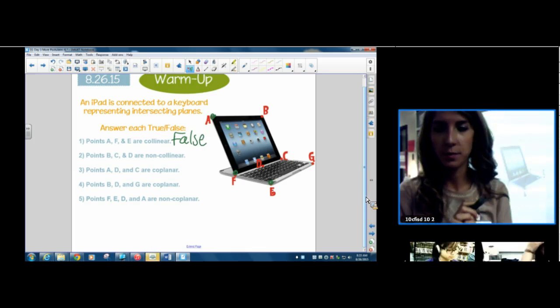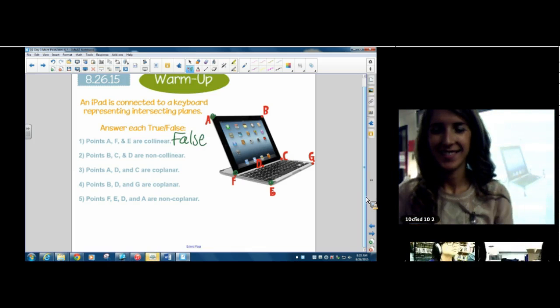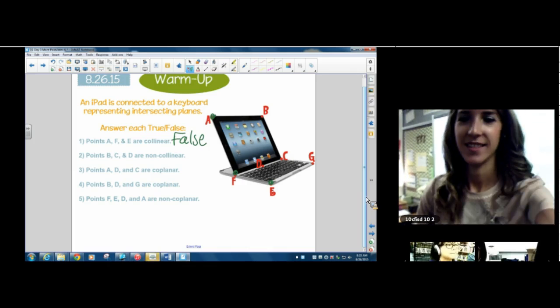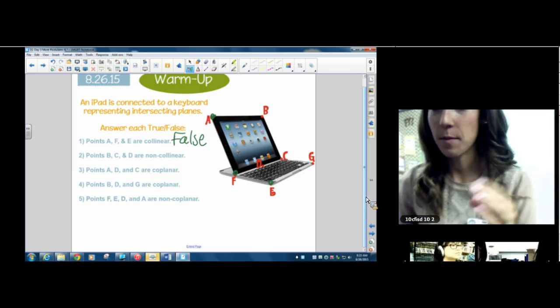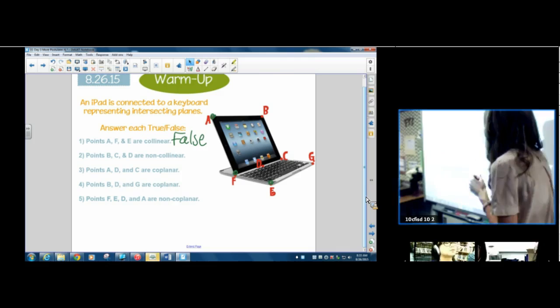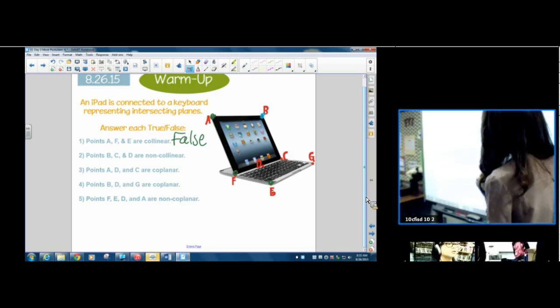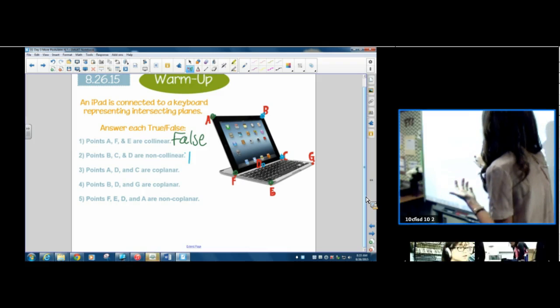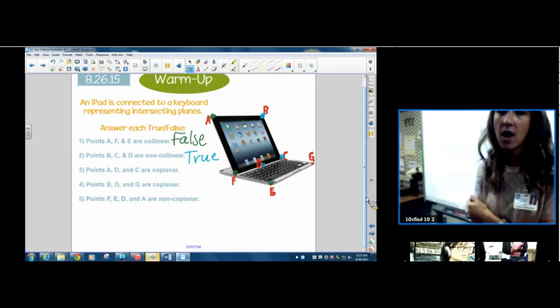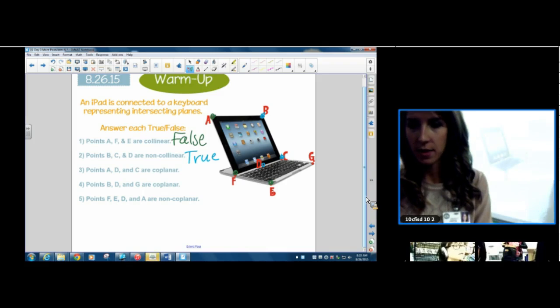All right, number two. Very good. Number two is true. B, C, and D are non-collinear. They also cannot be connected with a straight path. Good.